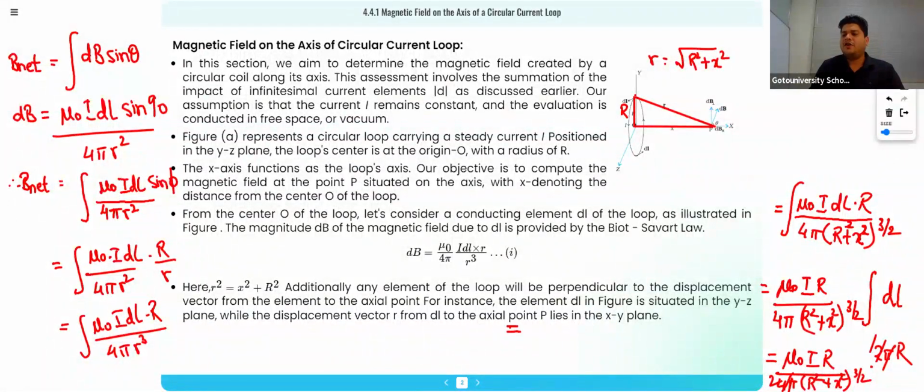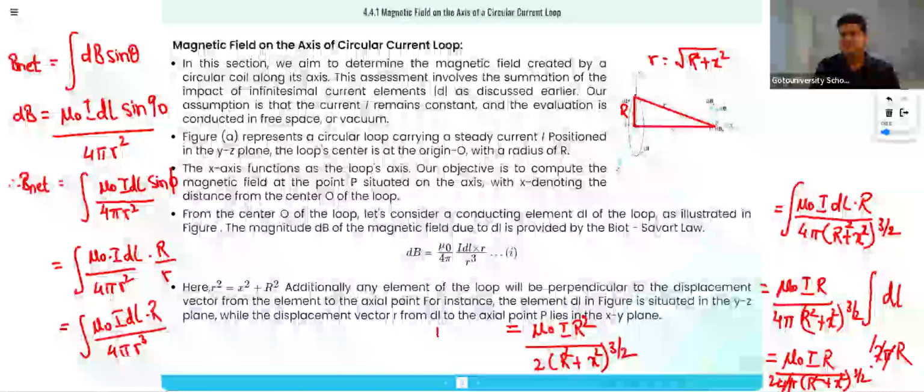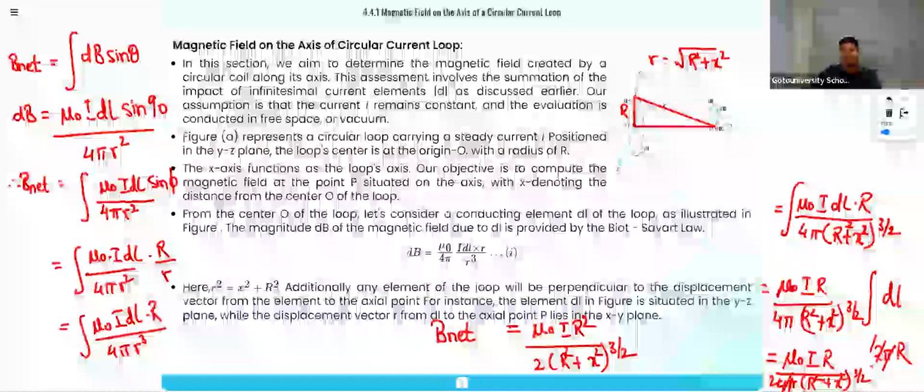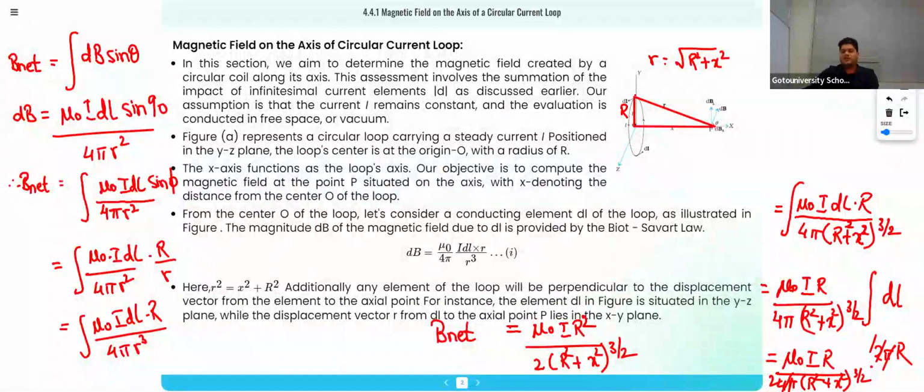So your modified formula for B net will be equal to mu naught I R square over 2 times R square plus x square raised to 3 upon 2. This is your B net formula.